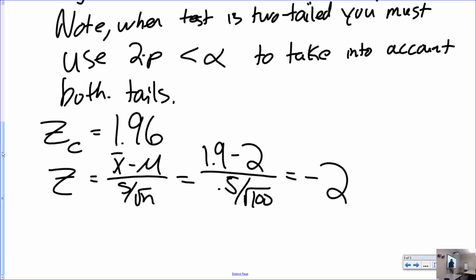The Z score is -2, folks. It is a little bit less than -1.96, so we actually can reject the null hypothesis.